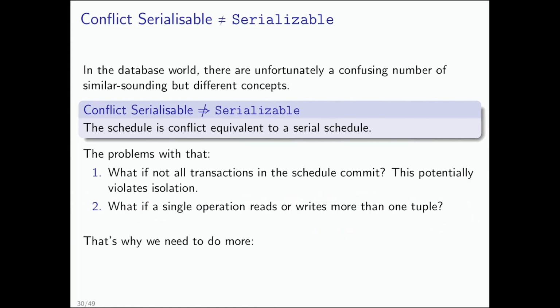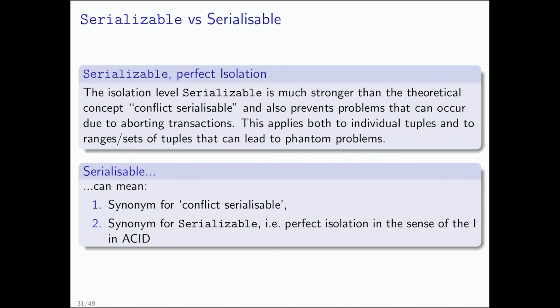That's not solved by conflict serializable, and that's why we did more. We achieve perfect isolation by doing predicate locking and strict 2PL, and that will avoid these kinds of problems.